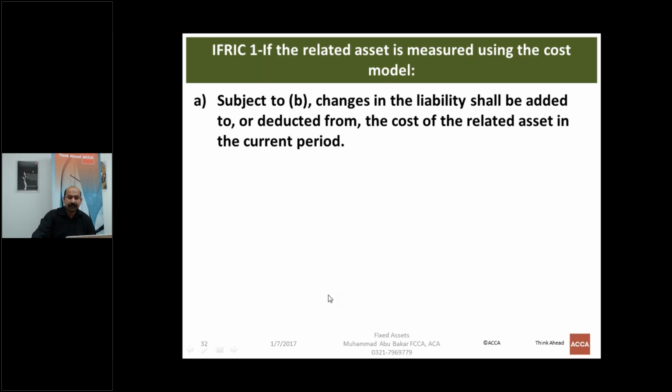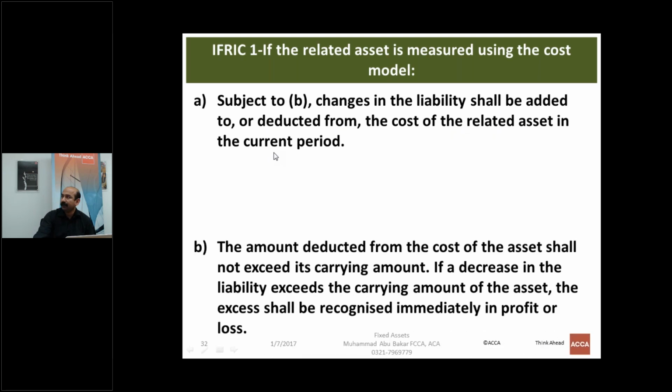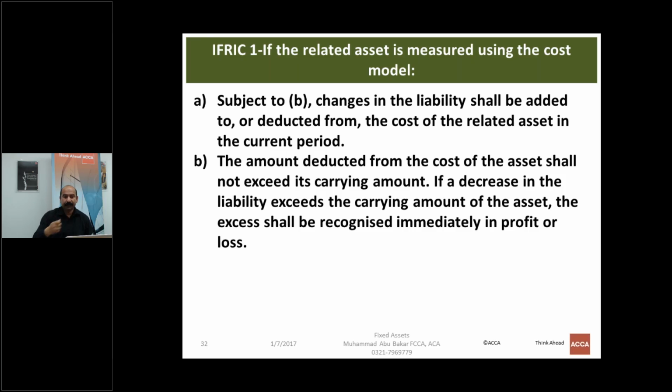I repeat again, changes in the liability shall be added to or deducted from the cost of the related asset in the current period, except the amount deducted from the cost of the asset shall not exceed its carrying amount. If a decrease in the liability exceeds the carrying amount of the asset, the excess shall be recognized immediately in profit or loss.